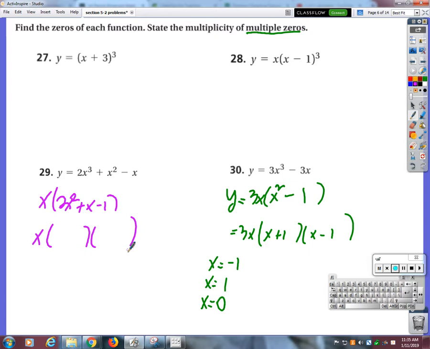What has to go in the front of each one of these parentheses in order for it to multiply together to be 2x squared? 2x and x. 2x times x is 2x squared. What number has to be at the end of these parentheses for it to multiply together to be 1? A 1 and a 1.